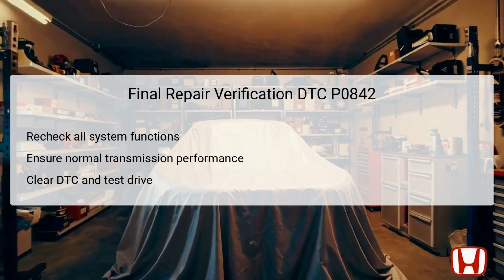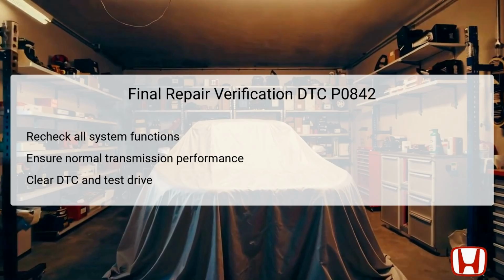After completing all troubleshooting steps and necessary repairs based on findings, it's essential to finalize the verification process. This entails rechecking all transmission system functions to ensure normal operation. Conducting a thorough inspection of the system helps confirm that the repair was successful and that the vehicle operates as intended.